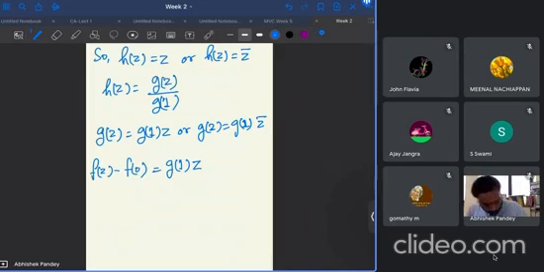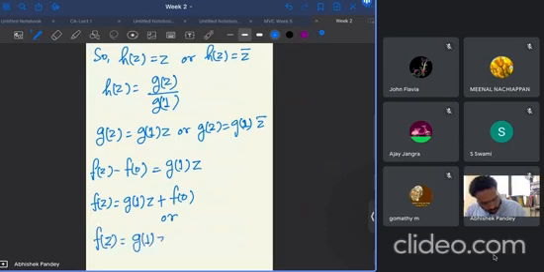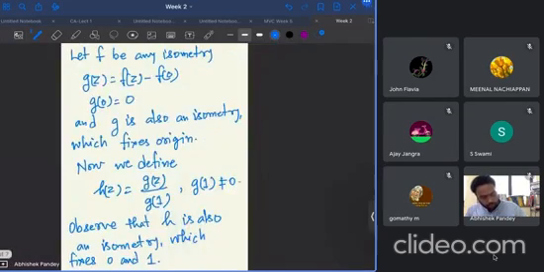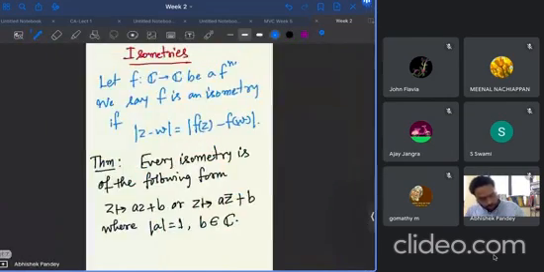So basically fz is equal to g1 z plus f of 0, or fz is equal to g1 of z bar plus f of 0. Now we almost got this form, isn't it? az plus b or az bar plus b. The only thing is we have to prove that this a has modulus 1, unit modulus.